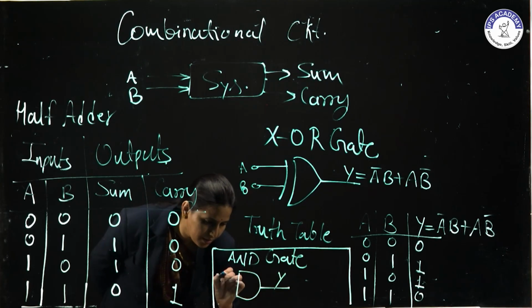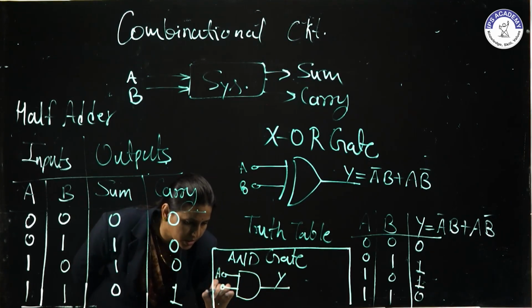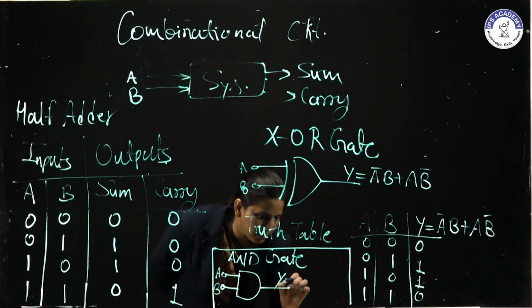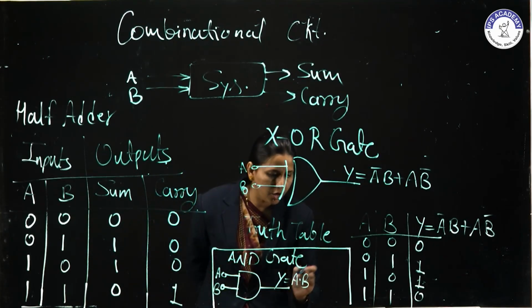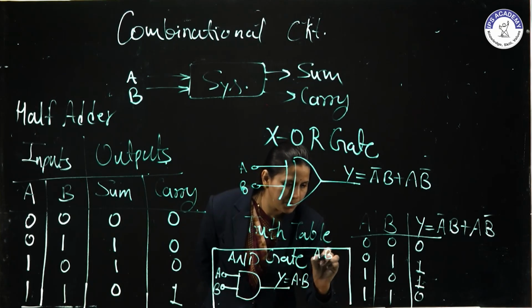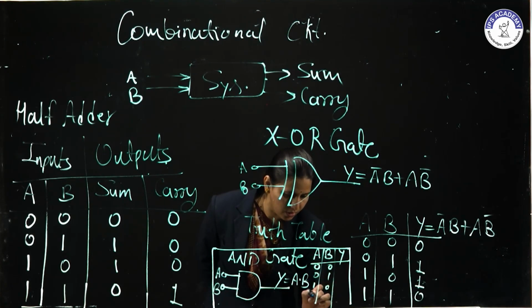This is Y. Suppose there are 2 inputs A and B, then output will be A dot B. That means A, B and Y: 0 0, 0 1, 1 0, 1 1.